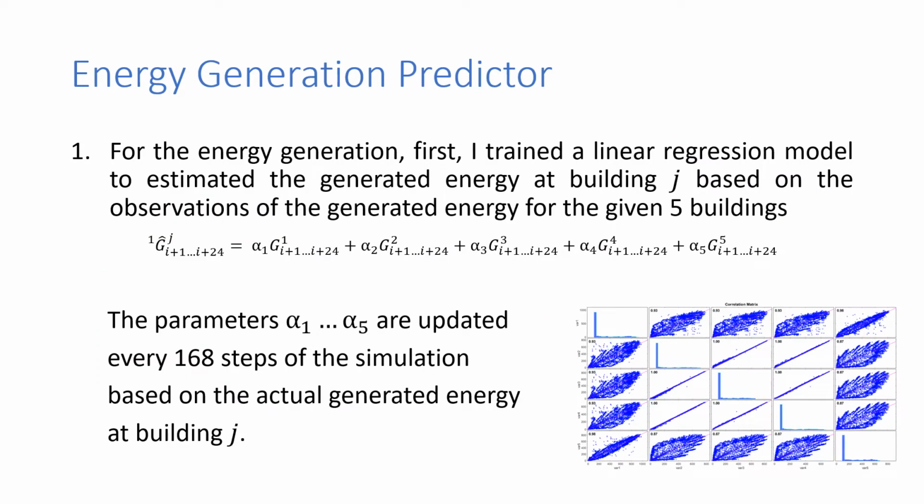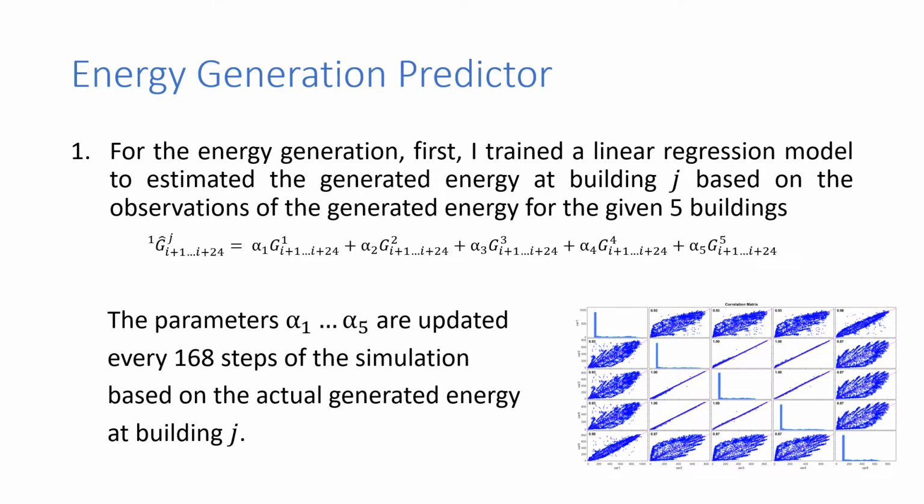For the energy generation prediction, first I trained a linear regression model to estimate the generated energy at building J based on the observations of the generated energy for the given 5 buildings.